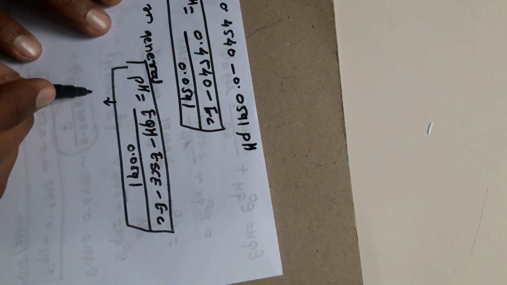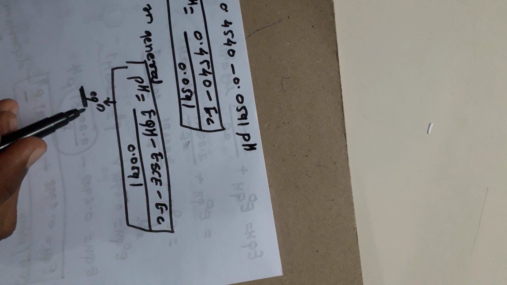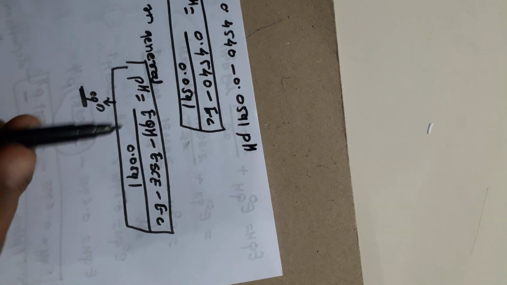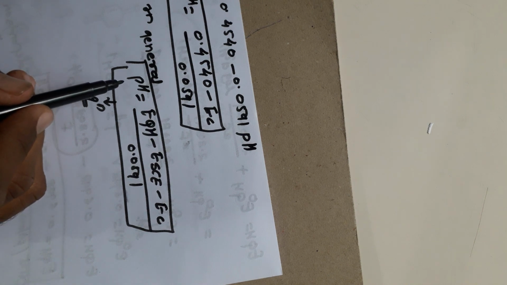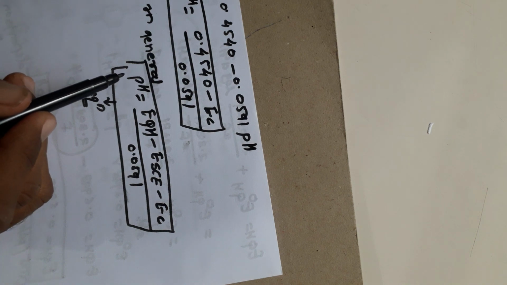This equation is used to determine the pH of the unknown solution by using a quinhydrone electrode. Okay.